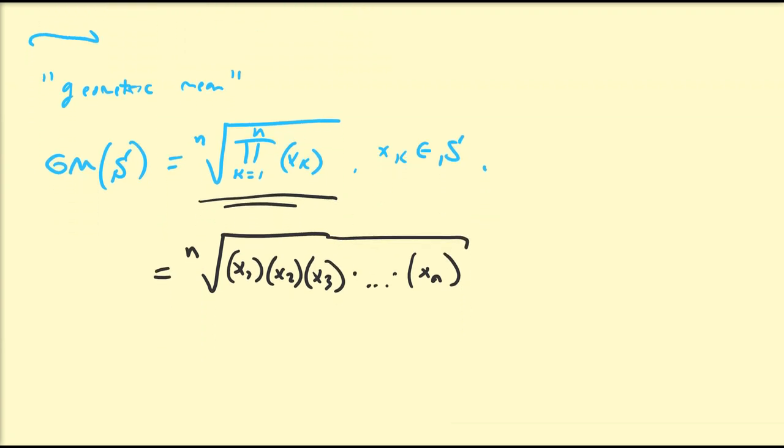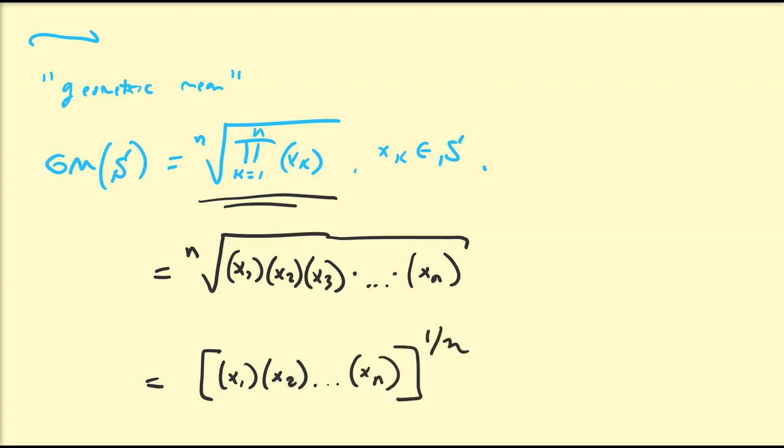And this nth root can be written using fractional exponents, so one can write this as the product of x1 times x2 all the way out to xn, all raised to the power 1 divided by n. So this is the geometric mean of a particular sample.